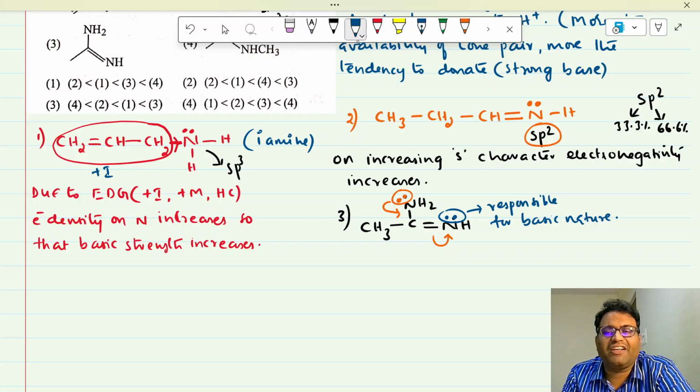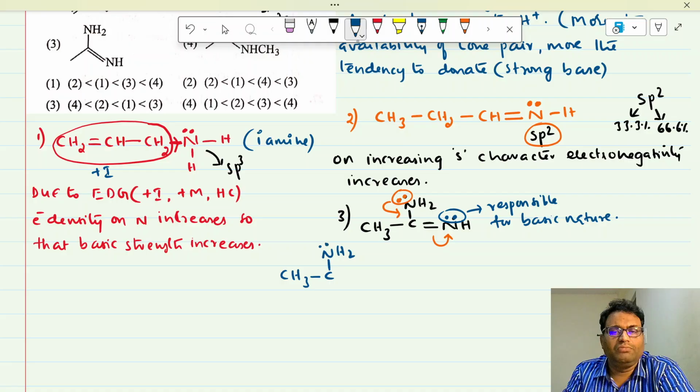That means they are given to H plus, they are donated to H plus. When they are donated to H plus, what happens? It becomes NH2 plus.